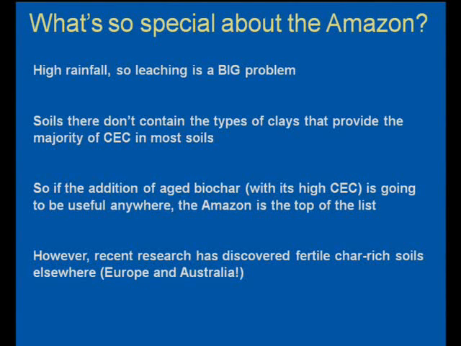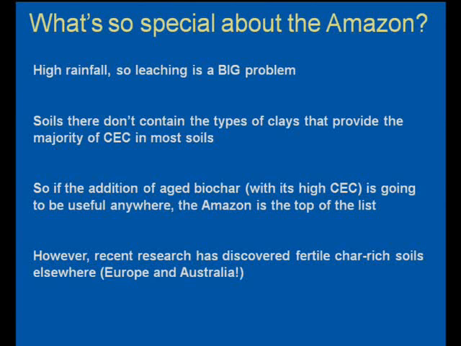Okay, the second part about CEC, if CEC is why aged charcoal is useful, is the soil and the climate. So what's so special about the Amazon in this story? Well, we're talking areas that are high in rainfall, so leaching is a big problem. If nutrients are in a soluble form, they have a great propensity to be lost, whereas in lower rainfall areas that's not such a big problem.